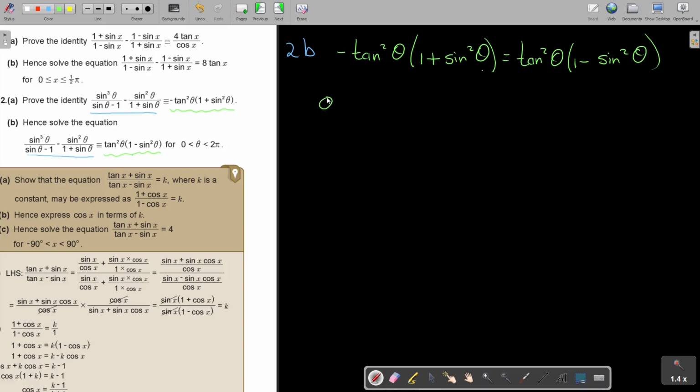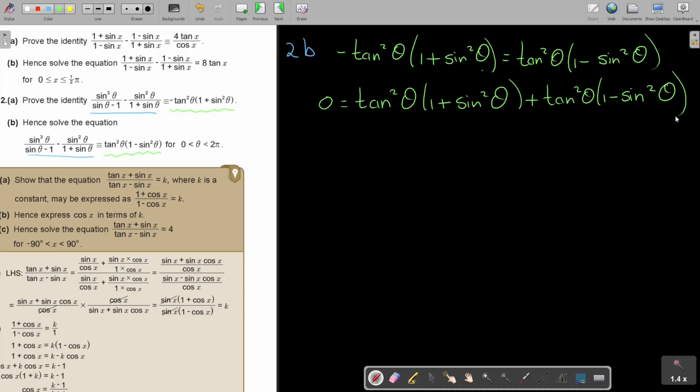So make a 0 and then say tan squared theta (1 plus sin squared theta) plus tan squared theta (1 minus sin squared theta). Now I'm going to take out tan squared theta as a common factor.